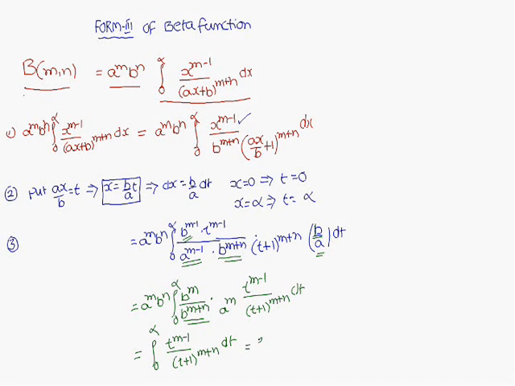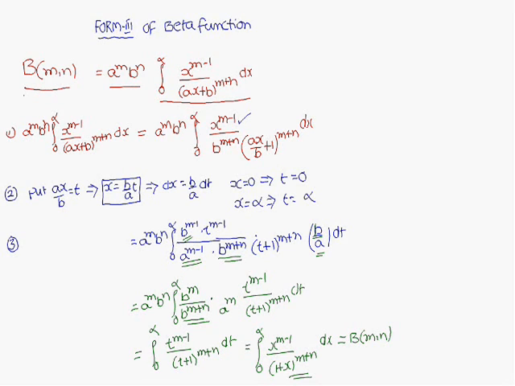If you generalize this one, integral 0 to infinity x^(m-1) by (1+x)^(m+n) dx is nothing but beta(m, n). This is the form 3 of the beta function.